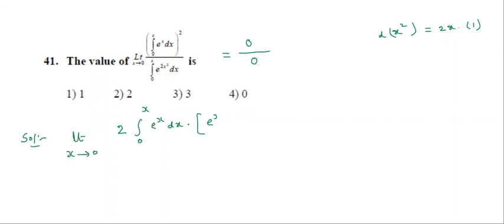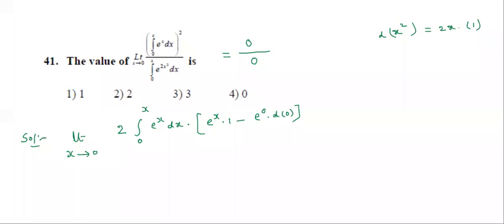E power x, derivative of x is 1, minus, sorry, I substituted the upper limit here. Now substitute the lower limit: e power 0, derivative of 0, that should be 0.